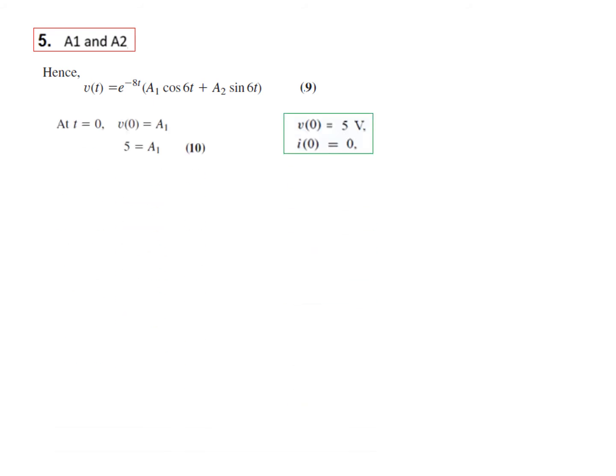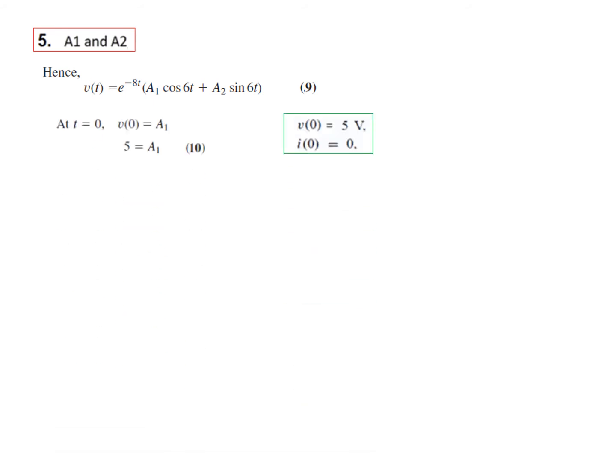And now the final stage is to get the values of A1 and A2. So this was the general equation that we had. And if you recall, to get values of A1 and A2, first of all we put t is equal to 0, and then we differentiate and put t is equal to 0. So let's put t is equal to 0 first.